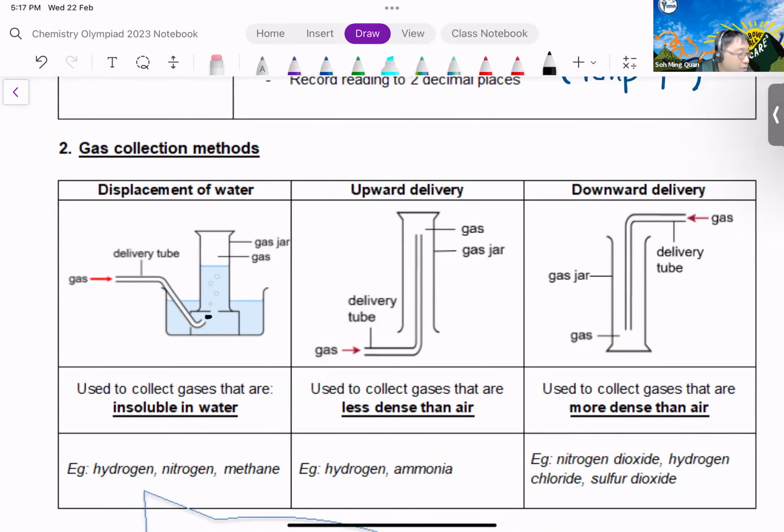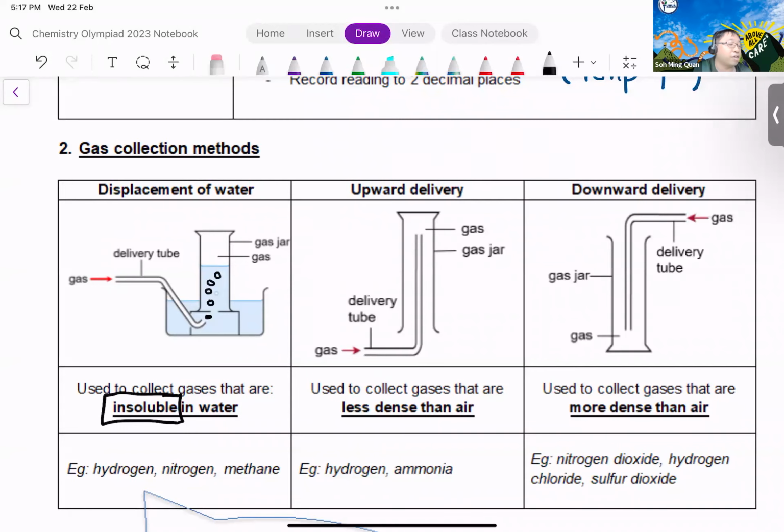You can see bubbles coming out. In order to collect gases this way, the gas has to be insoluble in water. Why? Imagine if the gas dissolves in water, then you will not even have any more bubbles coming out. The bubbles of gas will just dissolve immediately. So you must ensure that the gases collected by displacement of water are insoluble in water.